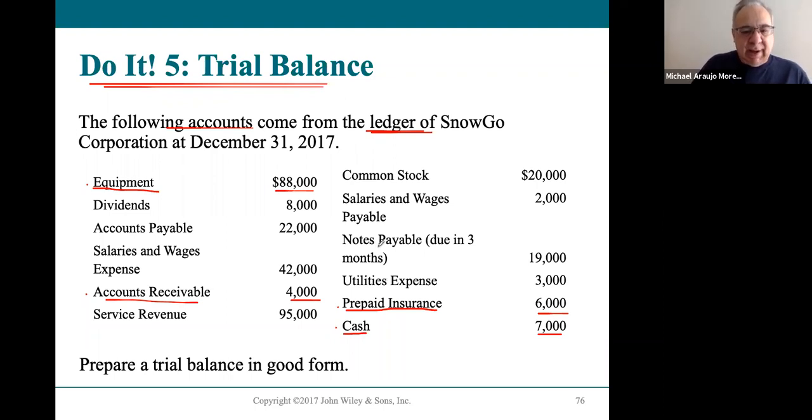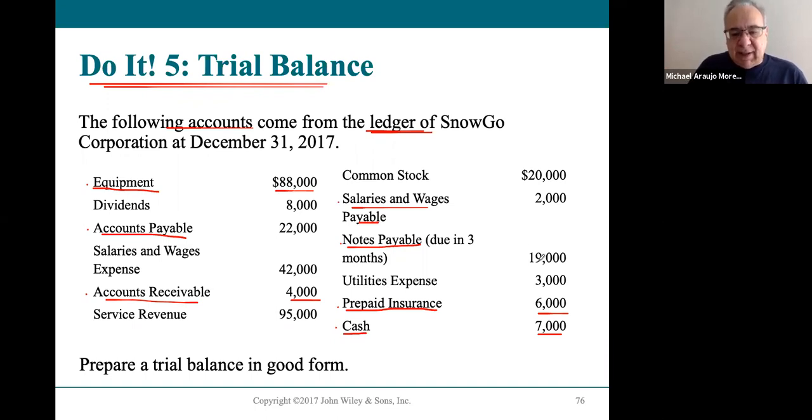So your liability accounts would include your notes payable account, your accounts payable account, and your salaries and wages payable account. Normally, your notes payable would go first, your accounts payable second, and your salaries and wages payable third on a traditional balance sheet.